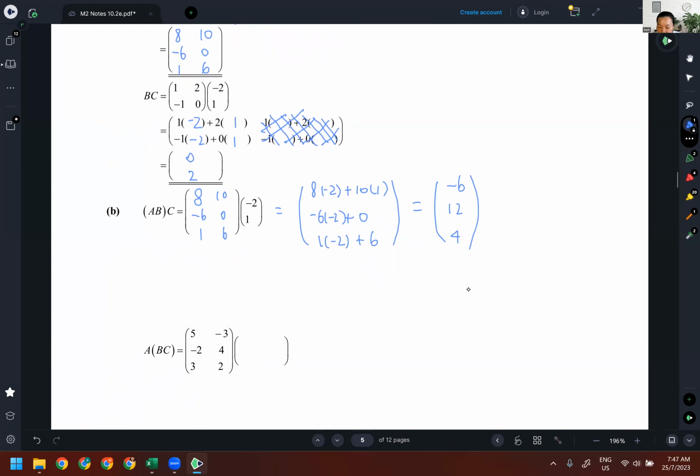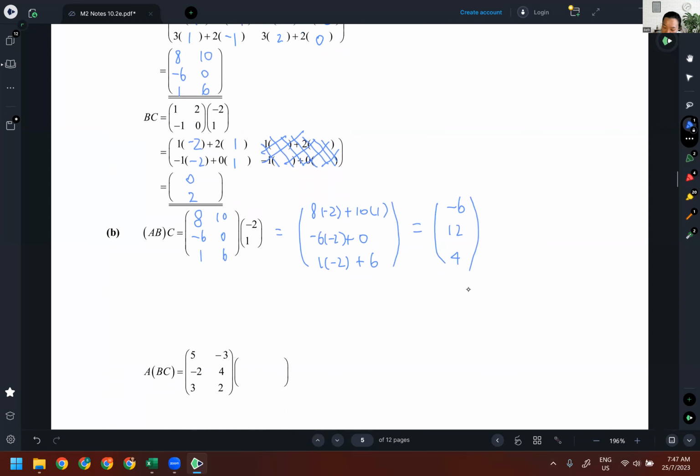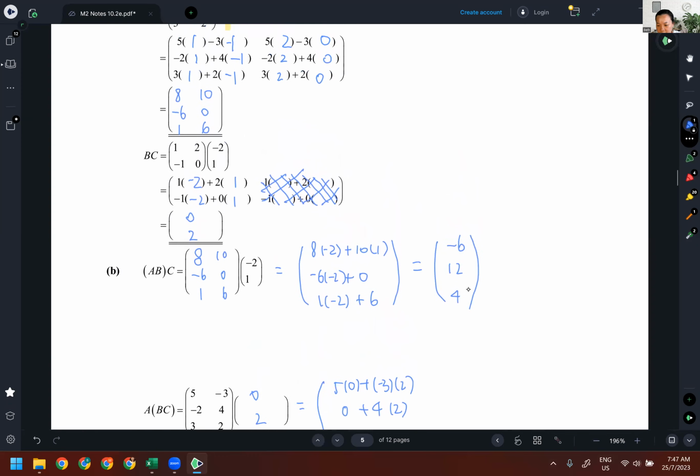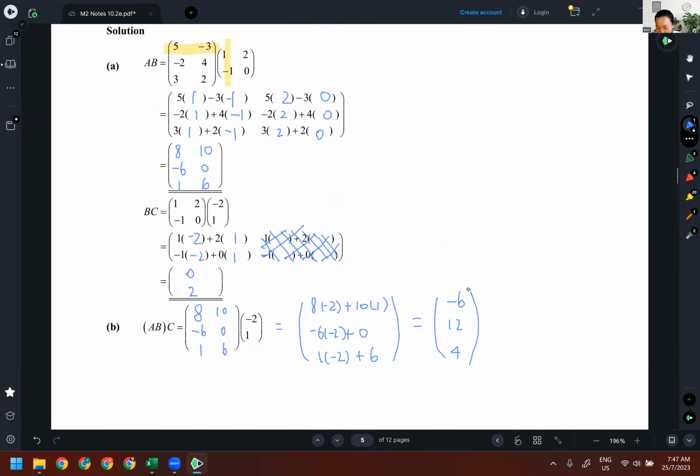Now using the result of BC, which is 0, 2, multiply A again. So in this case, 5 times 0, plus -3 times 2. 0, plus 4 times 2. Am I right? Why is the answer not the same?